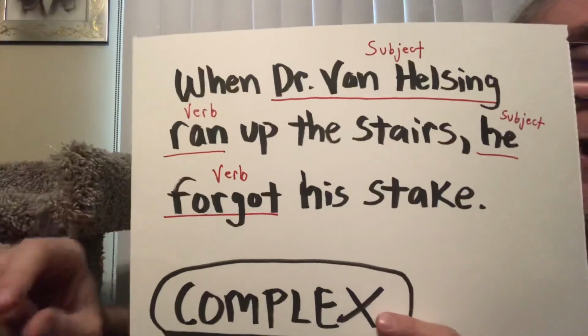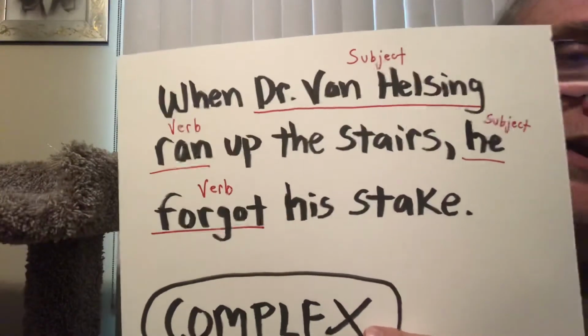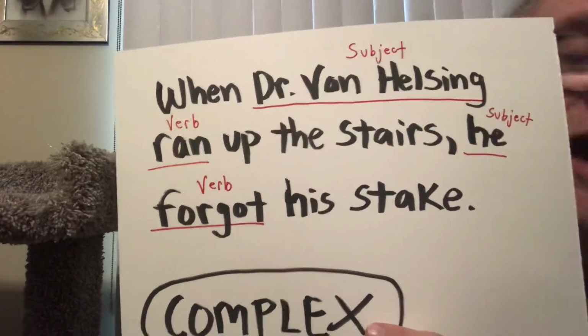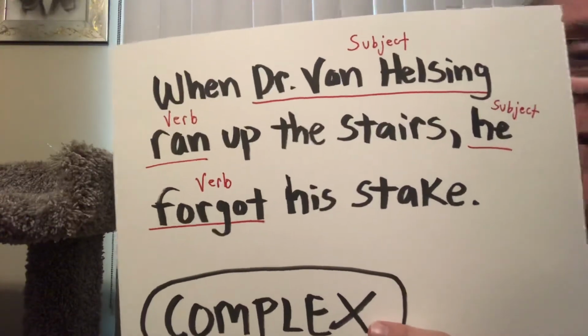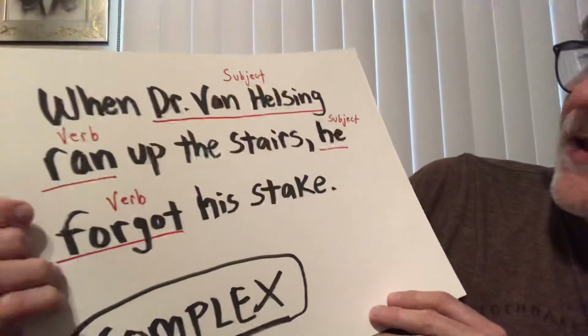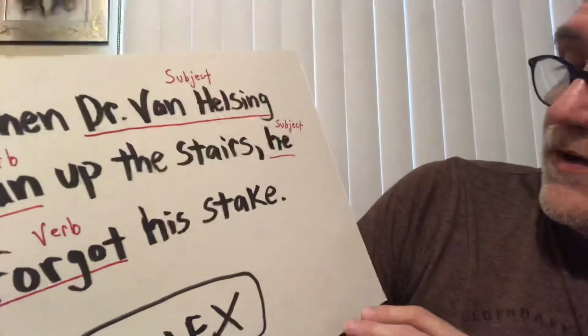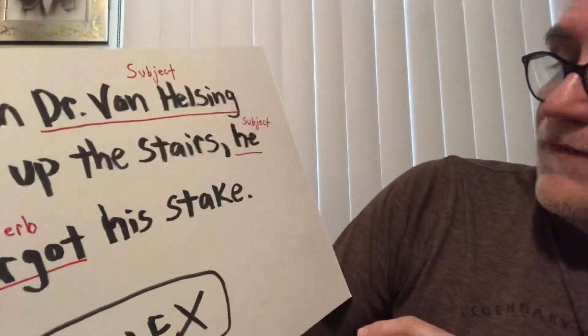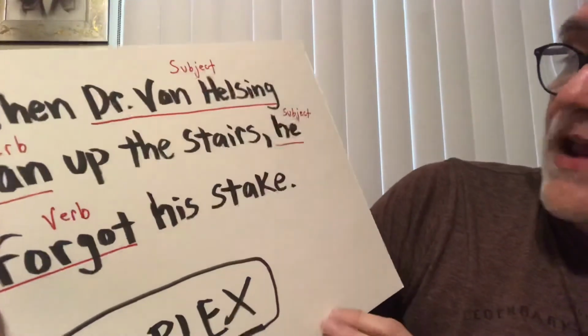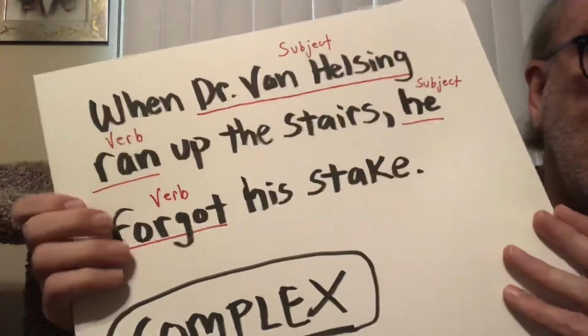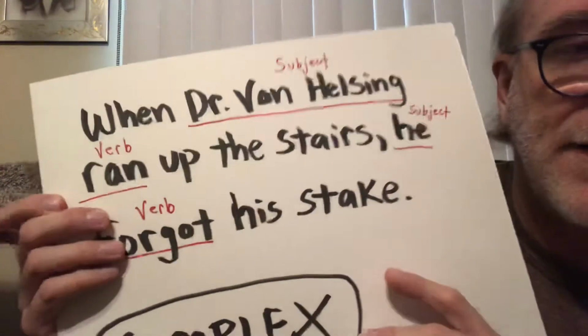Interestingly enough, if the independent clause comes first, we do not need to include the comma. Okay, so if I said something like, Dr. Van Helsing forgot his steak when he ran up the stairs, right? I'm just changing the pronouns around here.